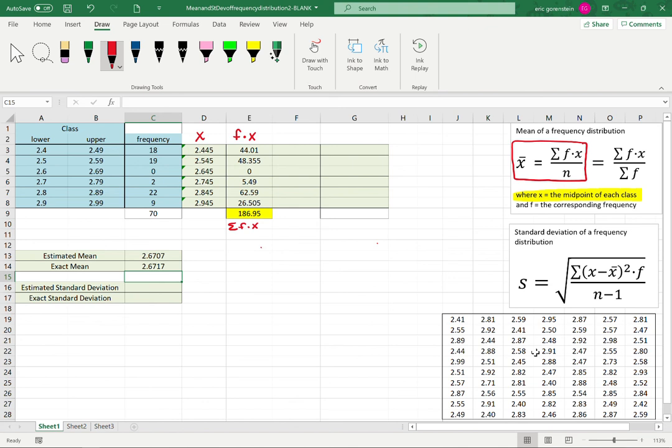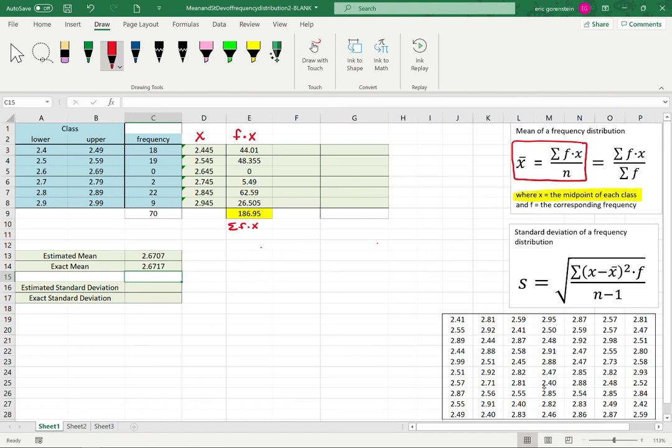So we're only off by looks like 1/1000th of a gram. Remember, these are the weights of 70 pennies. So this is the same example I'm using from a previous video. So these, it doesn't say it here, but these 70 numbers on the bottom right are the weights in grams of 70 pennies.